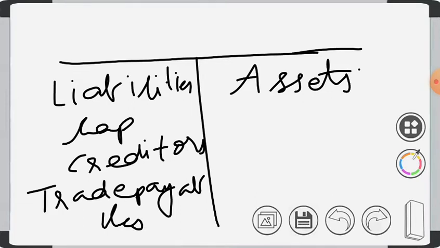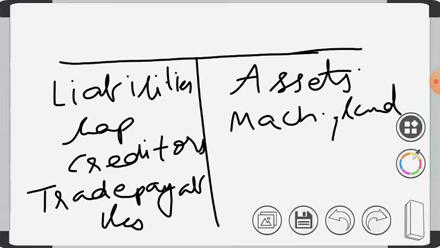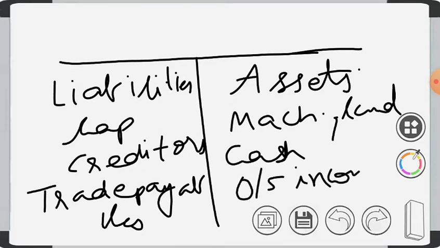Assets are like machinery, land and building, cash, and outstanding income, closing stock.